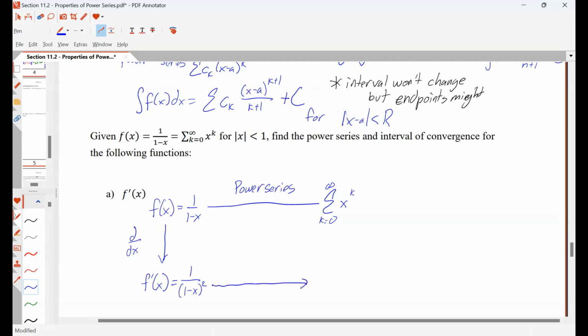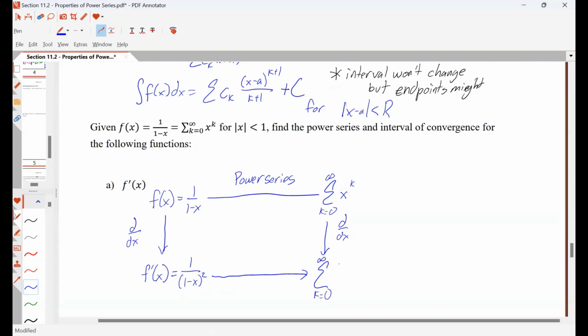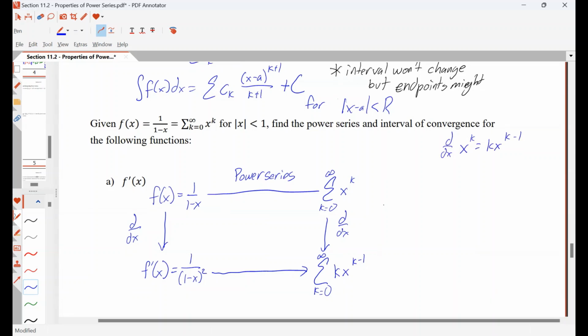And so if I want to find the power series of the derivative, I'm going to take the derivative of the power series. The derivative of the power series is k x to the k minus 1, by applying the rule that the derivative of x to the k is k x to the k minus 1. So there is our new power series.